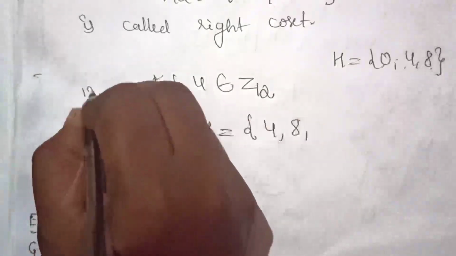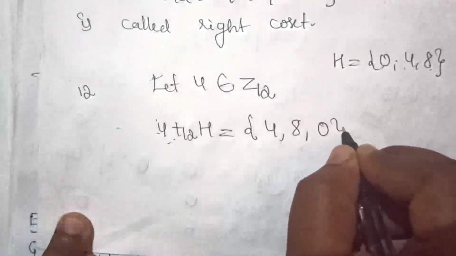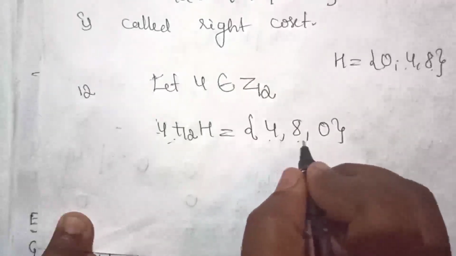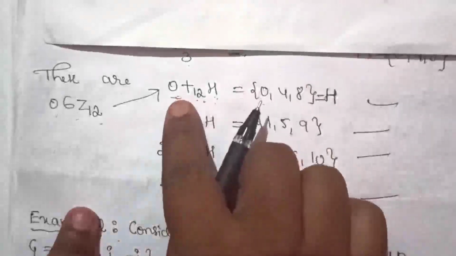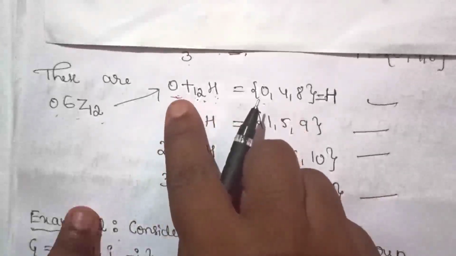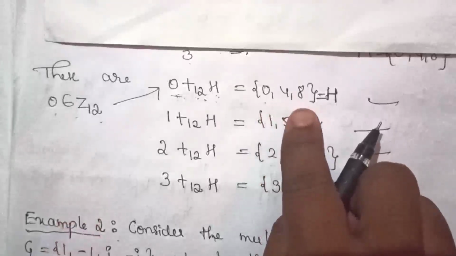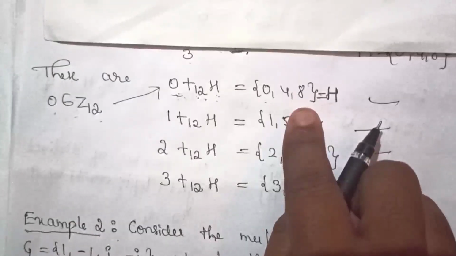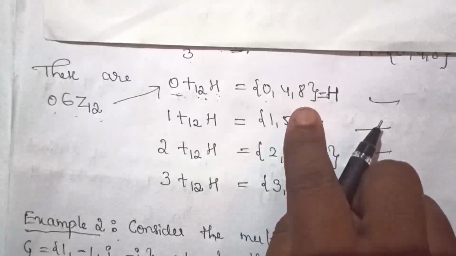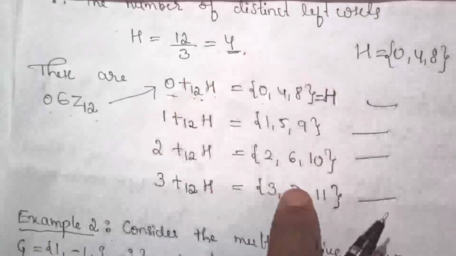So the remainder will be 0. Therefore again we get 4, 8, 0. This is the same as the first coset, that is, while operating with 0 we got 0, 4, 8 only. So therefore we have to write only different cosets. Therefore the number of different cosets will be 4 only, and those are these.